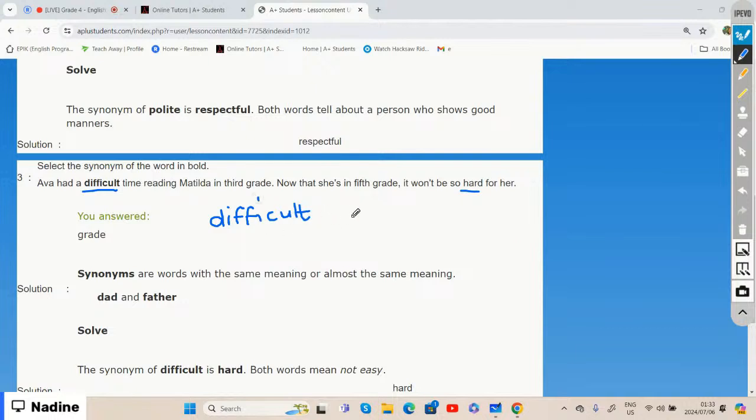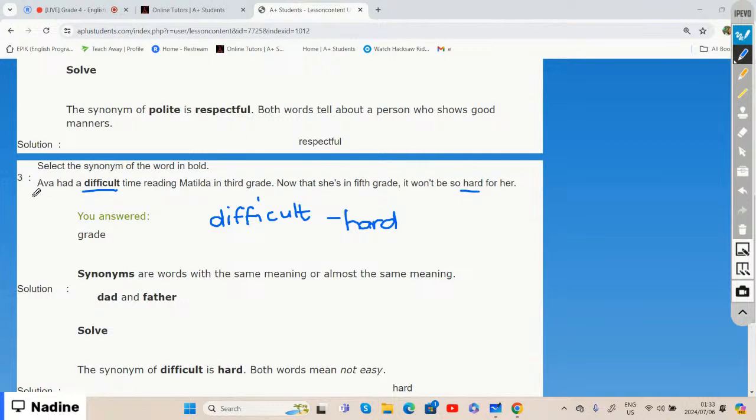The synonym of difficult is hard. The synonym of hard is difficult, which means that both of these words mean that it is not easy, right? If something is difficult, if it's hard, then it is not easy. So that is a synonym of one another.